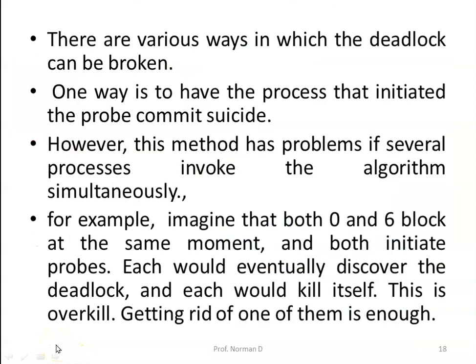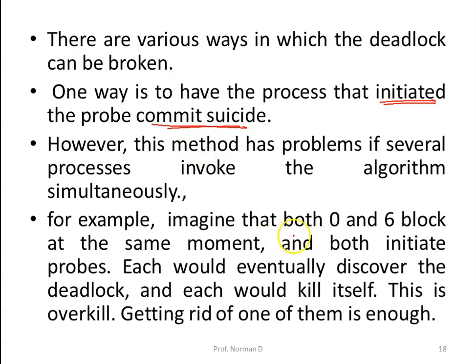Now there are various other ways in which the deadlock can be broken. One of the simplest ways to break this deadlock is to make the process that initiated the probe commit suicide. But this particular method of committing suicide has several other problems.